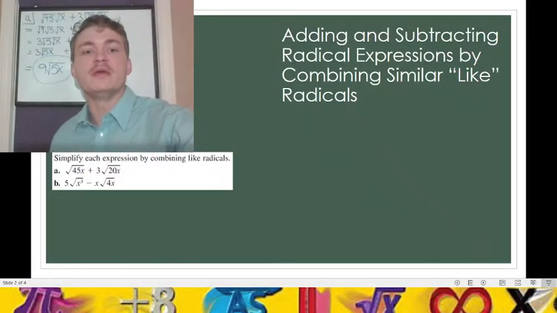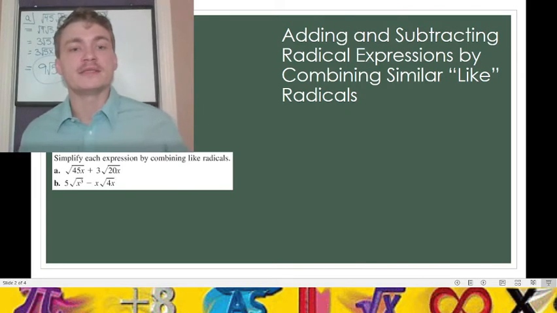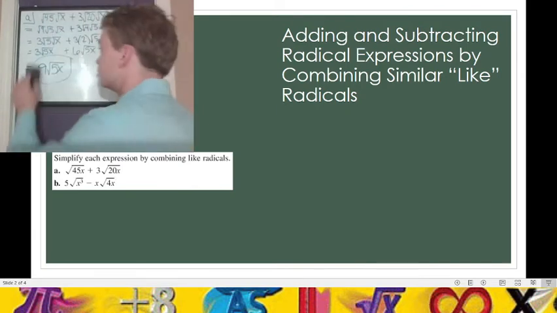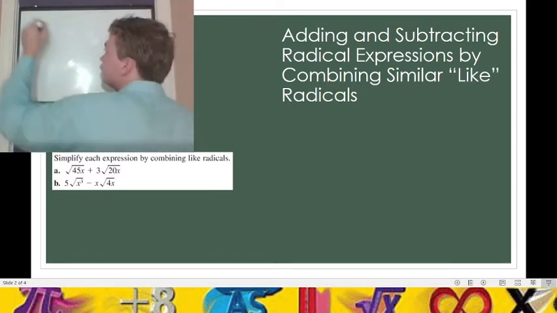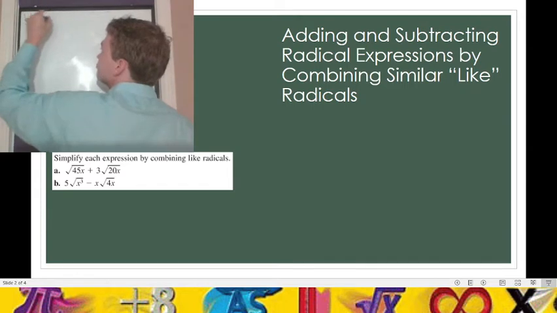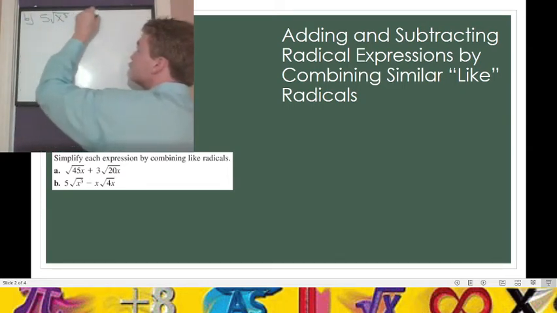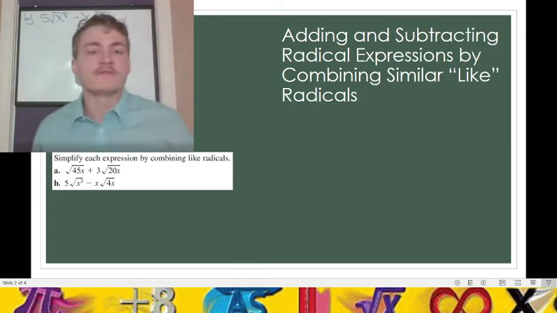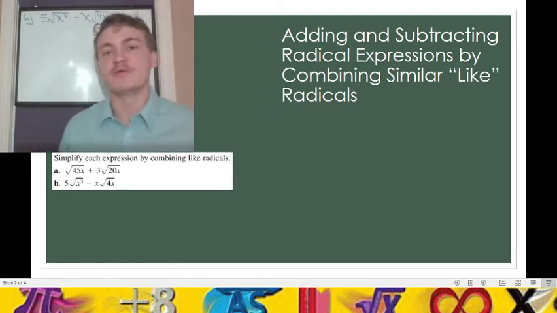For part B, 5 square roots of x cubed minus x square roots of 4x. So let's think about that there. Our first term contains only the variable expression x cubed, that is our radicand.